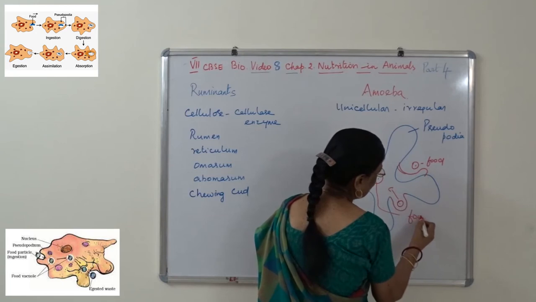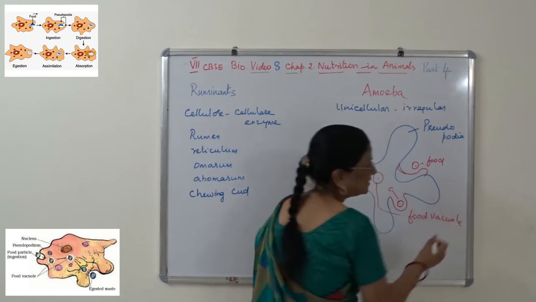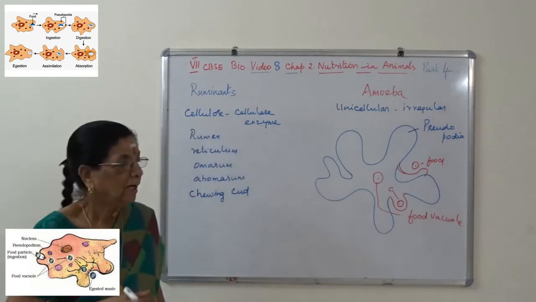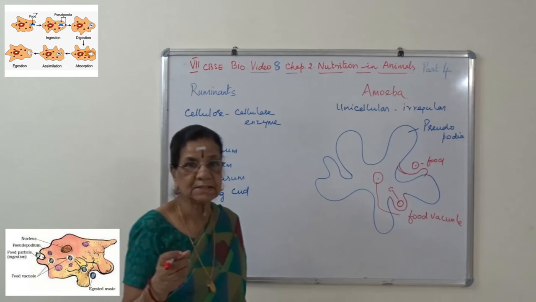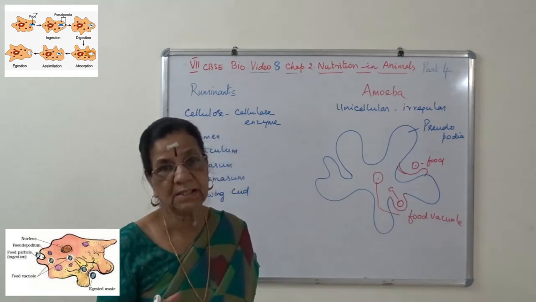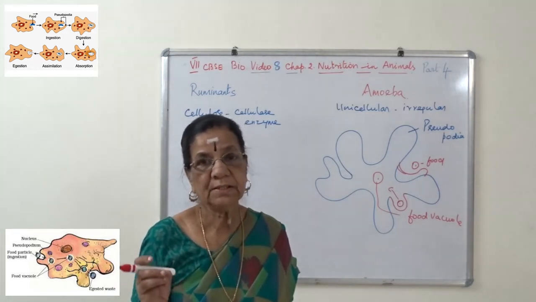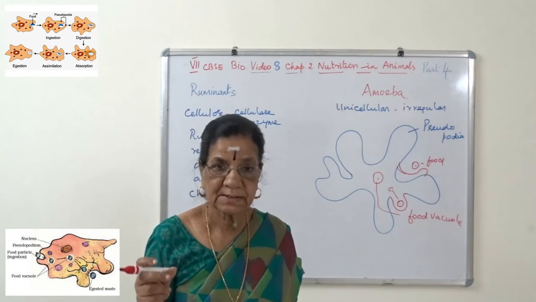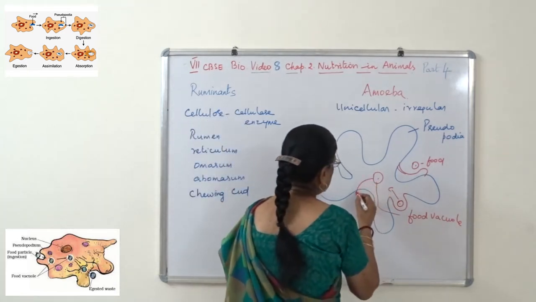That is called the food vacuole. After forming the food vacuole, it gets digested because it is only a single unicellular structure. Everything happens inside one cell. So within the food vacuole, it gets digested and then undigested food will be sent out.